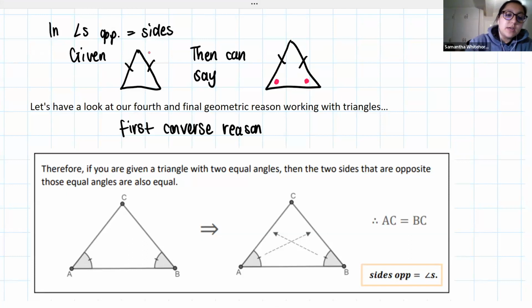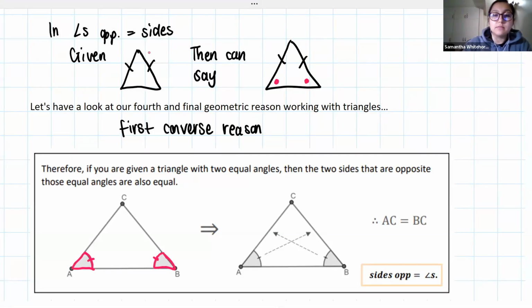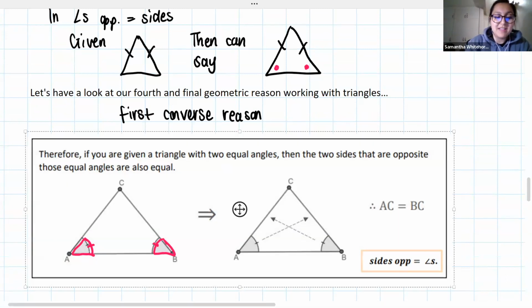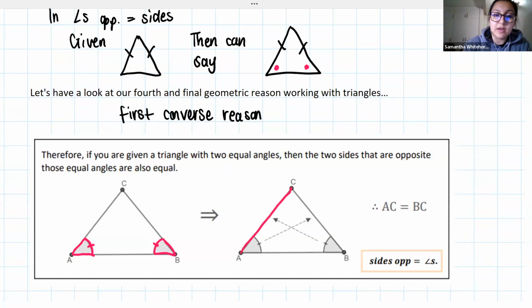So what we now look at is the fact that if I'm given that 2 angles are equal to each other, so in my diagram down here, I know that they're equal because they've got those lines on them. So if I'm now given the equal angles, I can now go and say that the sides opposite them are equal in length. So it is a converse statement.